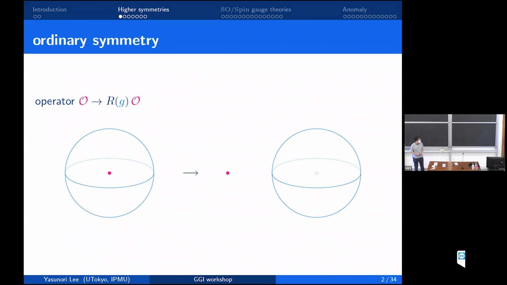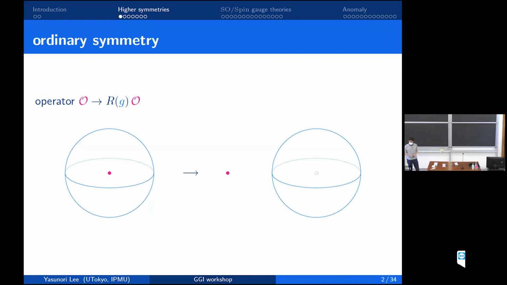So let's start with a lightning review of higher symmetry structures. Since we've already heard a lot about it from several speakers last week, I'll be very brief here. Recall that the modern point of view is that symmetry can be described in terms of topological operators. For ordinary symmetry, we have a local operator charged under the symmetry.